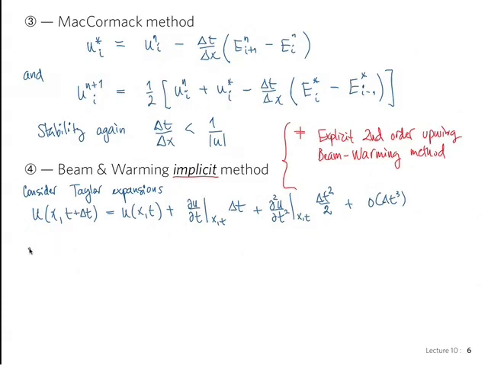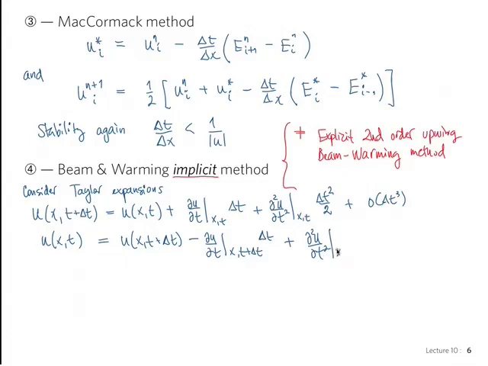And now I'm going to write this other Taylor expansion. U of x and t is equal to u of x and t plus delta t, and now minus du dt at x, t plus delta t multiplied by delta t plus second order derivative of u with respect to t.